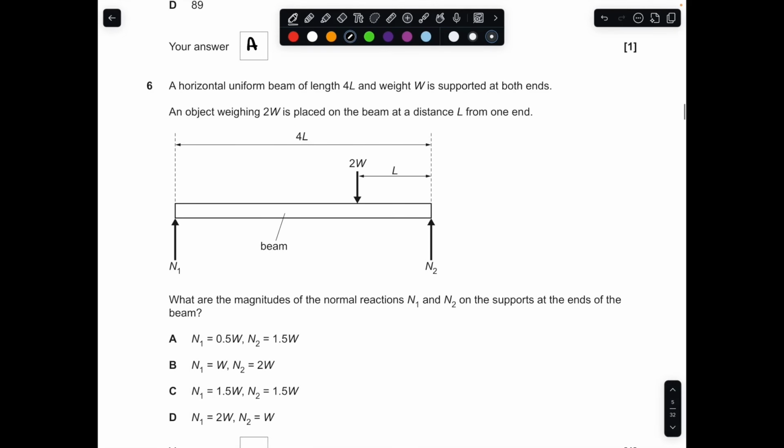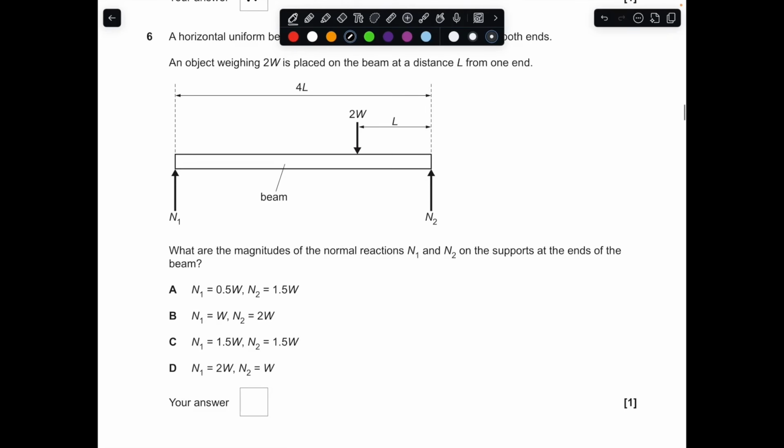Question number 6. We are told that a horizontal uniform beam of length 4L and weight W is supported at both ends. An object weighing 2W is placed on the beam at a distance of L from one end. What are the magnitudes of the normal reactions N1 and N2 on the supports at the ends of the beam?